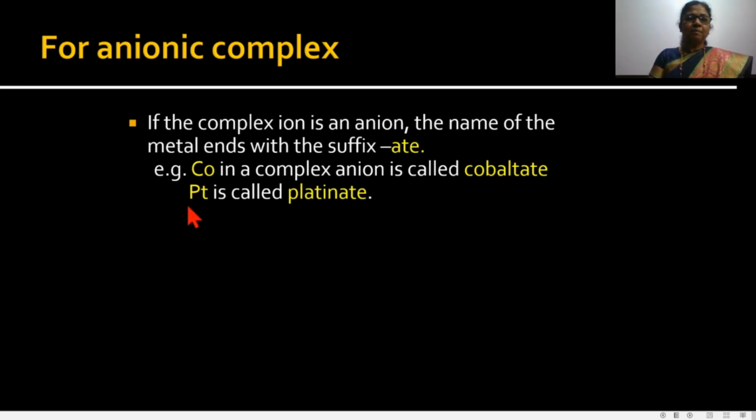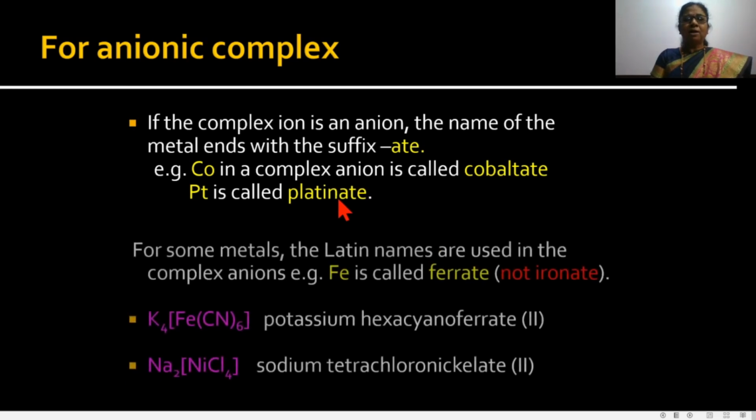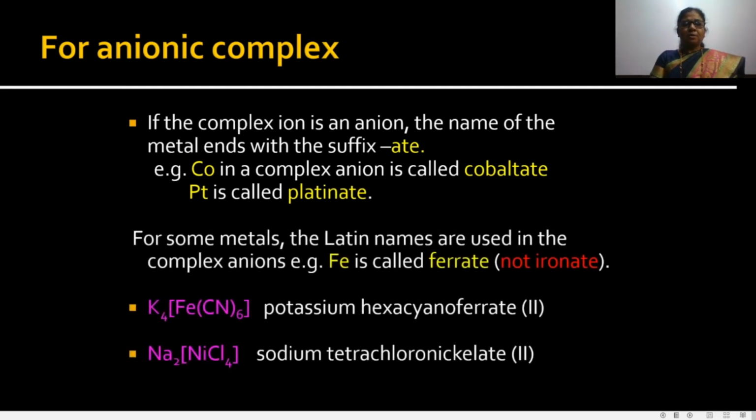For example, Co, cobalt in a complex anion is called cobaltate. Platinum is called platinate only in an anionic complex. For some metals, the Latin names are used in complex anions. For example, Fe is called ferrate, not ironate. Fe is iron, but it is known as ferrate.